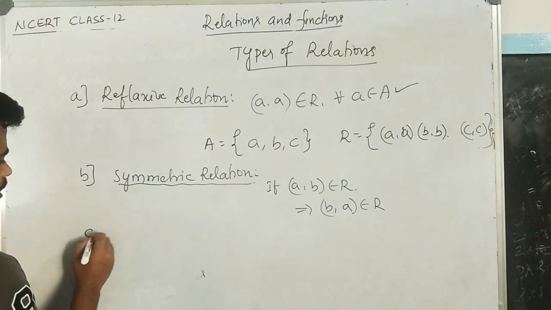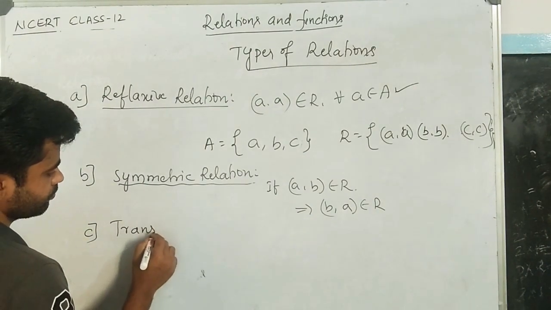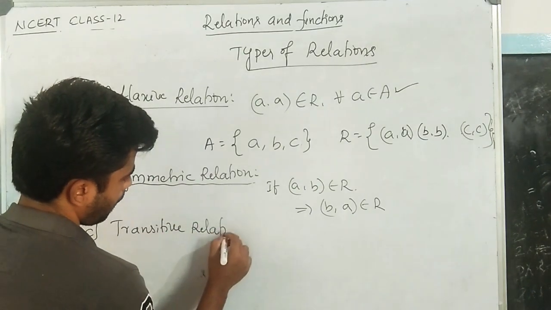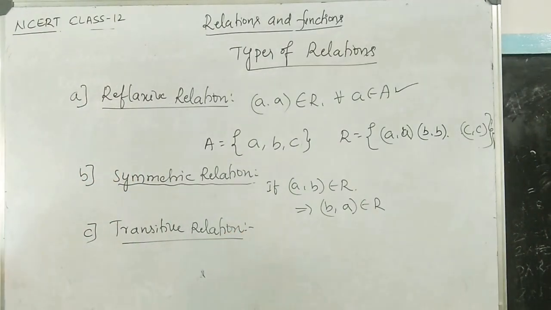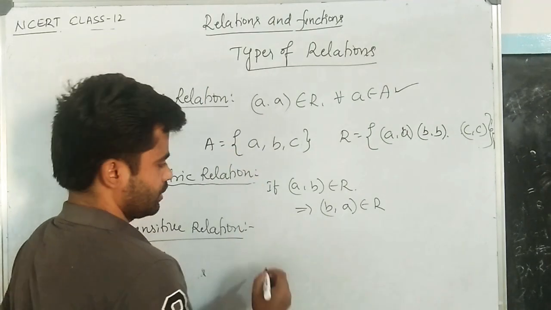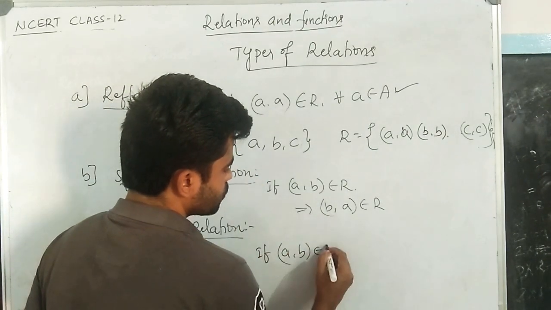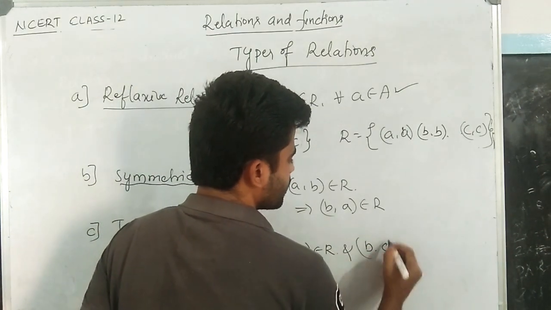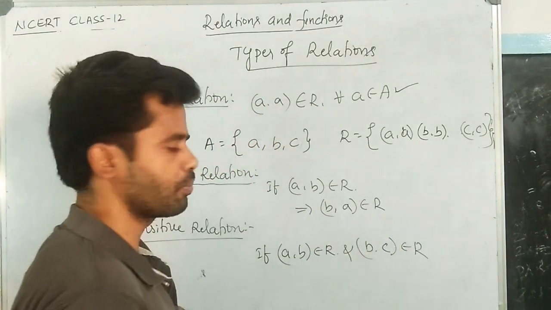Next, come to the third one, that is transitive. What is a transitive relation? I will select two ordered pairs in the relation only. If (a, b) belongs to R and (b, c) belongs to R, I selected these two ordered pairs in the relation.